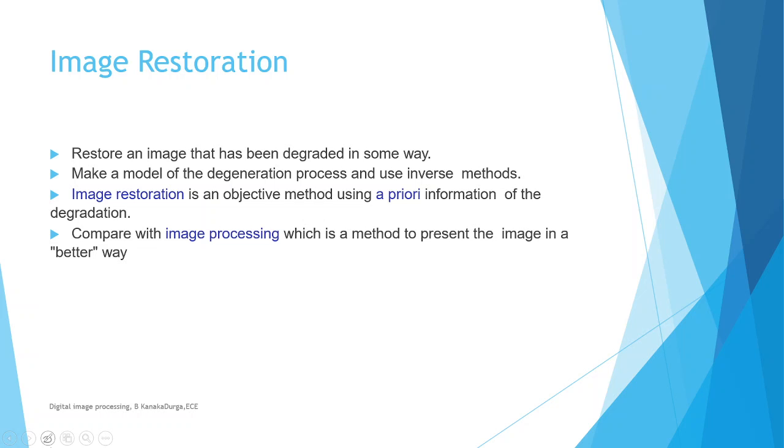Once we know the model the image has undergone for degradation, then only can we apply the reverse process of the degradation model at the receiving section, so that we can restore the image.